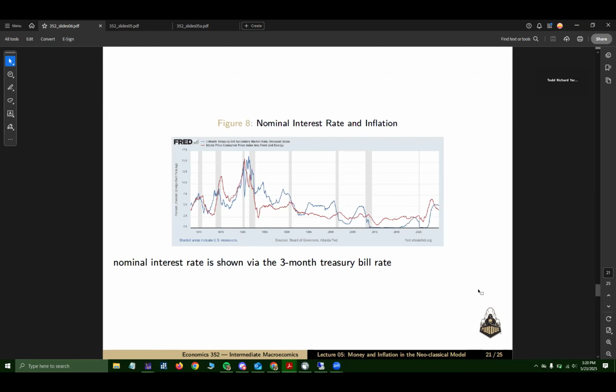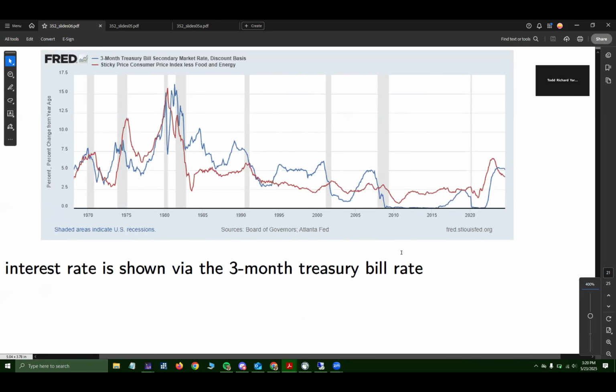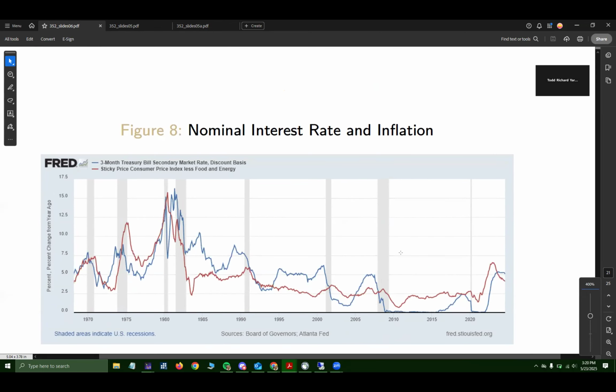Okay, and then these are just some graphs, some data for us to peruse real quick, just to give you an idea of the interplay between monetary policy and interest rates. So you can see here we have the 3-month Treasury bill, that is the blue line, and then we have CPI inflation, which is the red line.